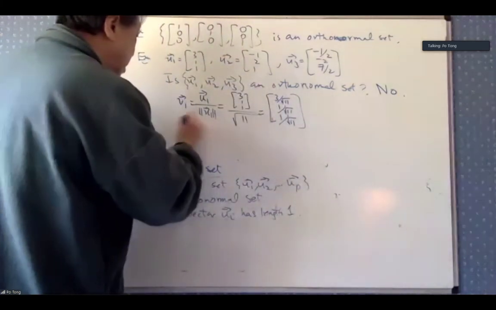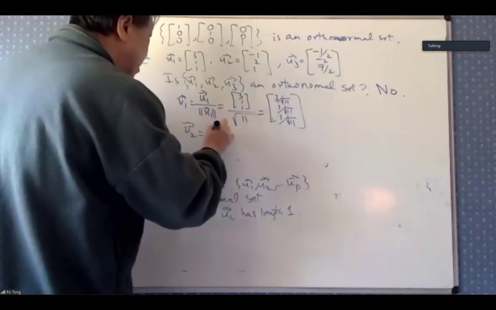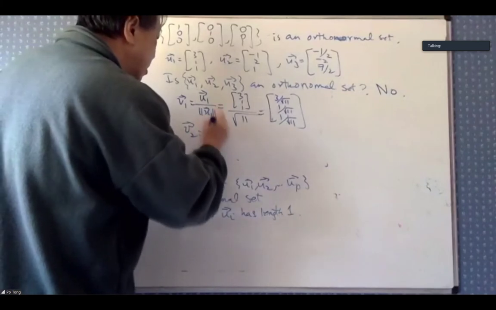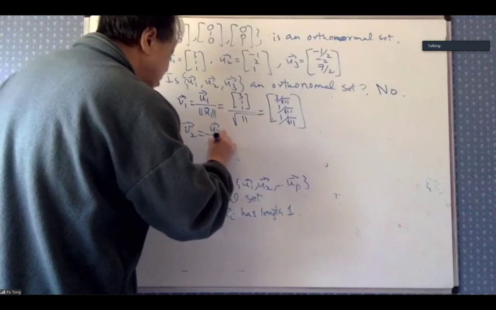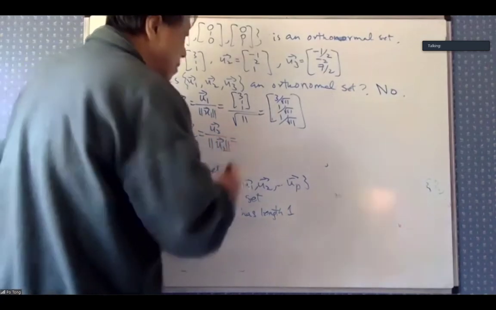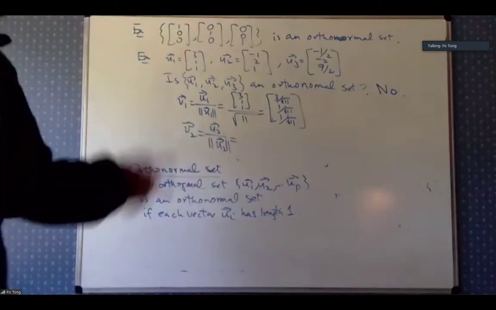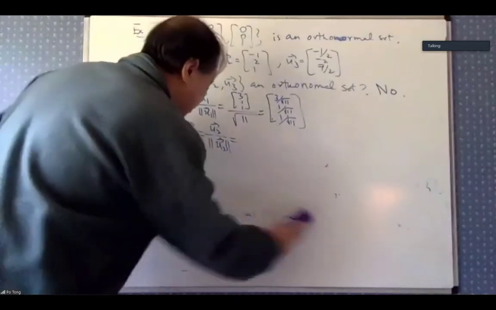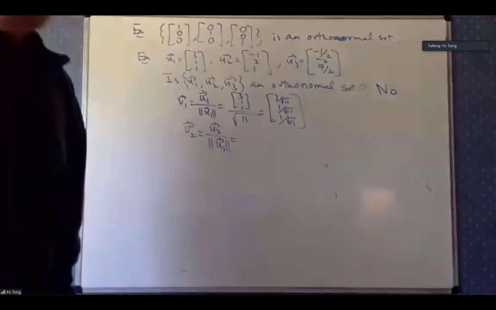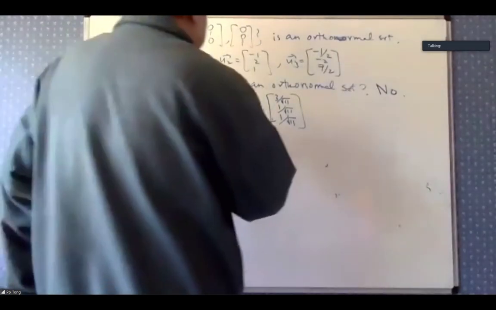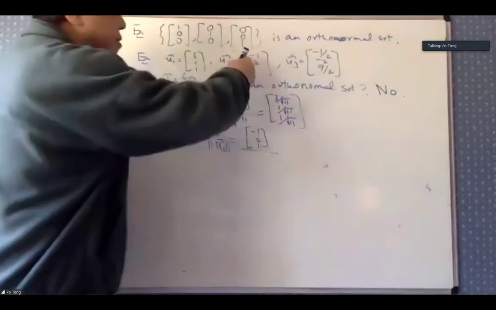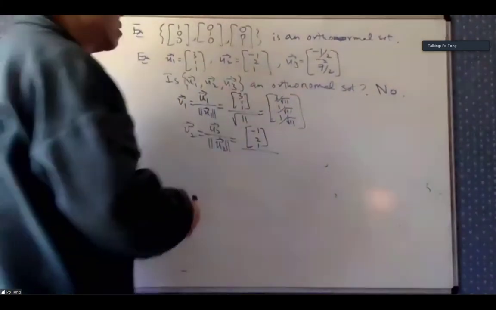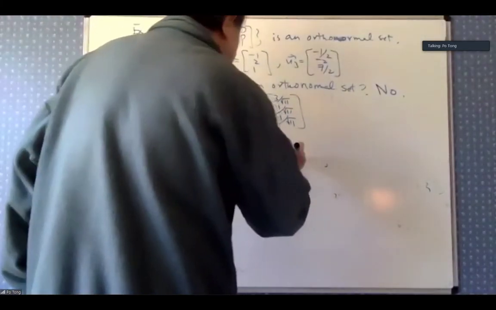Similarly, you can do v2, which is u2 divided by the norm of u2. You basically can scale it. And this one will be minus 1, 2, 1 divided by what? Square all these terms. Square root 6.